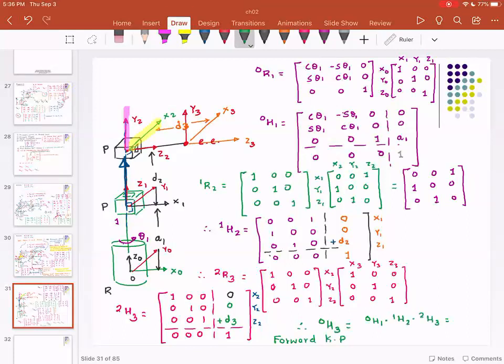Nope. Because the rotation is around the z. So no matter how much of rotation is about z, there is not going to be any projection on x0 and y0.